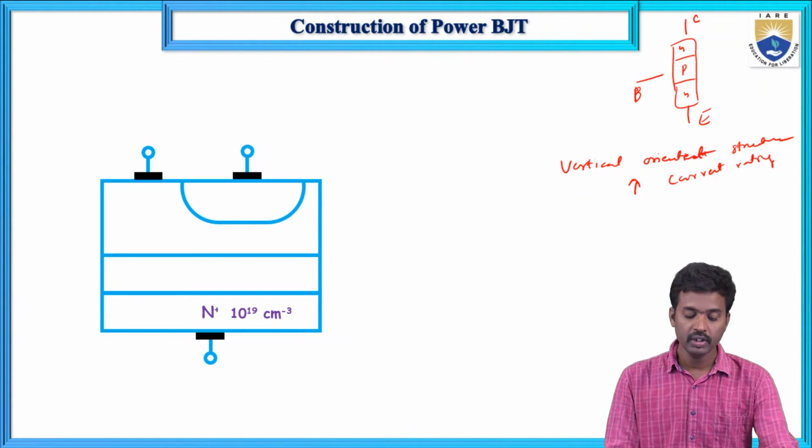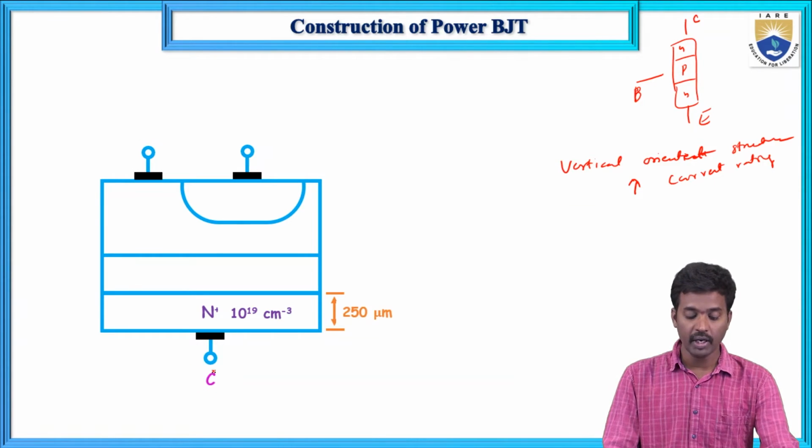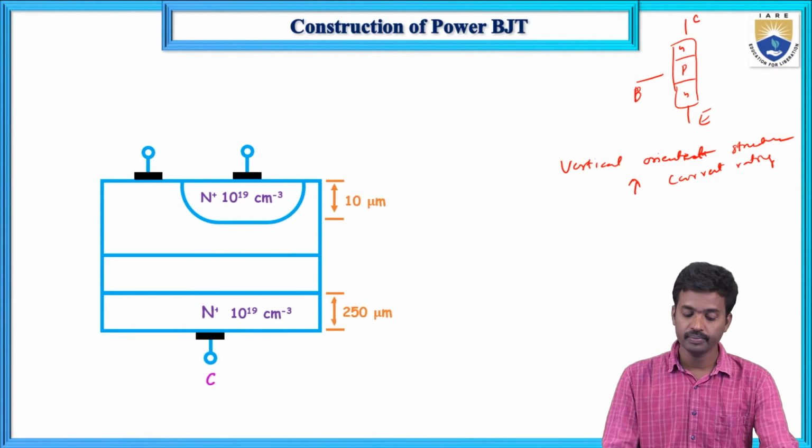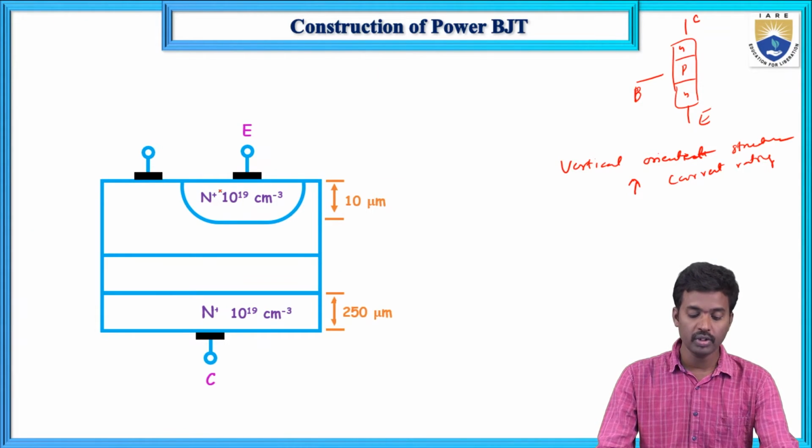This layer thickness is 250 micrometer, and it is connected to the collector. The same N plus layer is connected to the emitter, also highly doped at 10 raised to the 19 per centimeter cube, with a thickness of 10 micrometer.